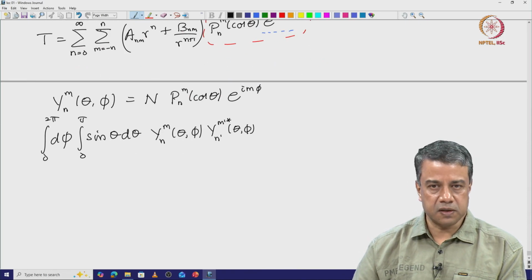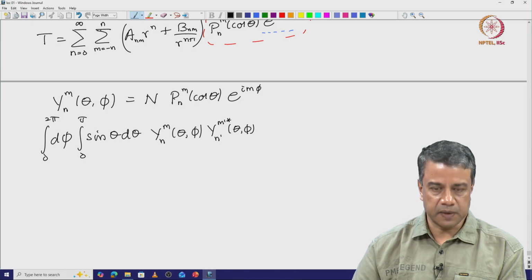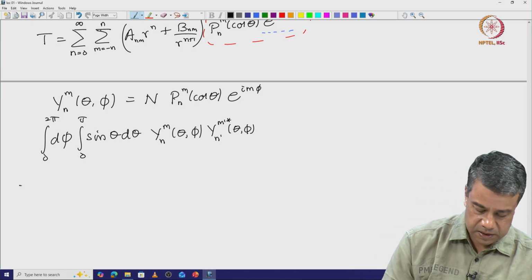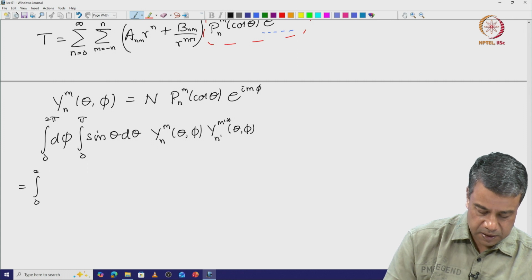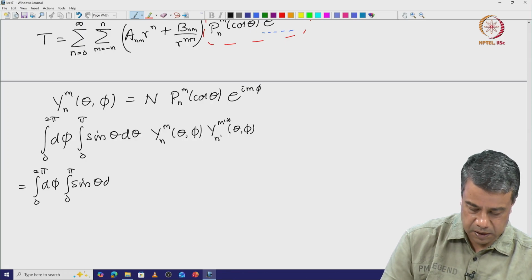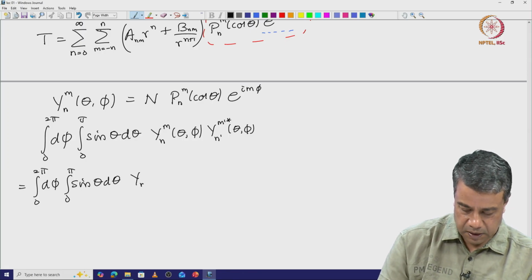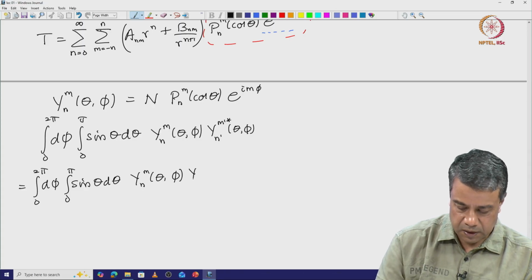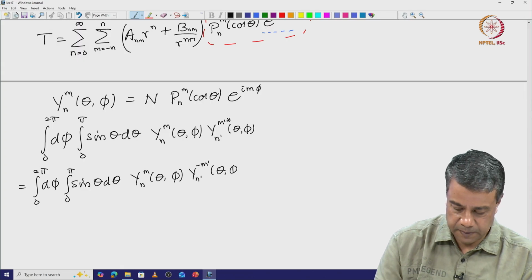Since the complex conjugate of Y m is equal to Y minus m, this can also be written as the integral from 0 to 2 pi d phi, integral 0 to pi sin theta d theta, Y n m of theta phi times Y n prime minus m prime of theta phi.